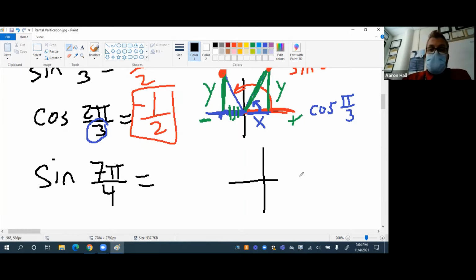The fourth quadrant, okay? So we're going to divide up pi. This half circle rotation is pi. We're going to divide that up into units of 4. So that gives me 1, 2, 3, 4.